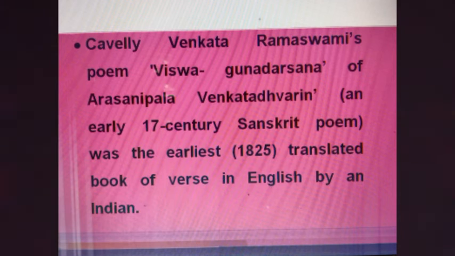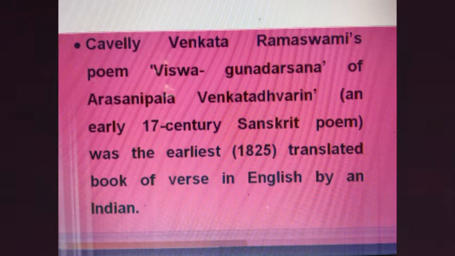Now let's see which was the first book of poetry translated into English from an Indian language. We know that the first Indian English poet is Henry Louis Vivian Derozio. But the first poetry collection translated into English was by Kavalli Venkata Ramaswamy, whose poem titled Vishwaguna Darshana of Arasanipala Venkata Dwarun was an early 17th century Sanskrit poem.